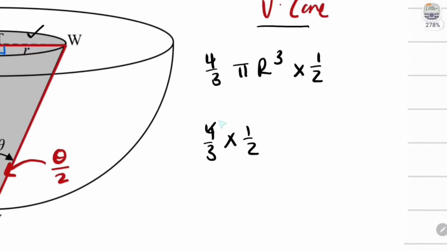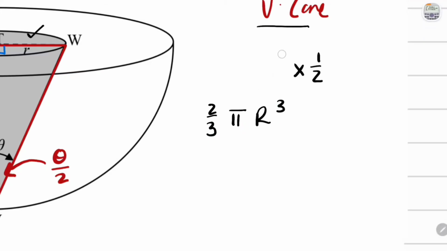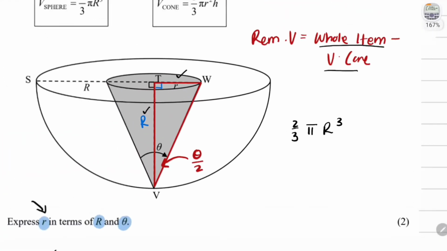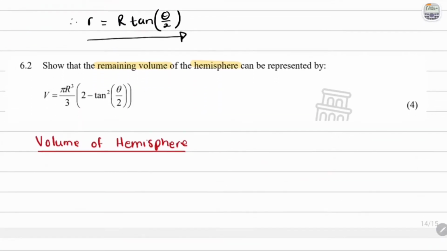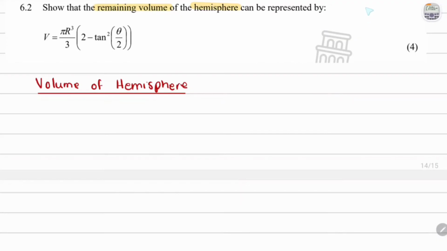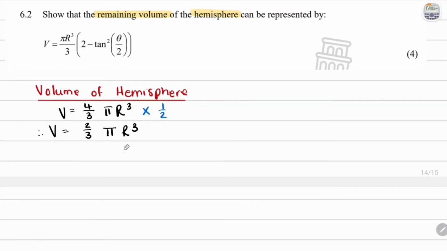So 4 divided by 2 is 2, and 2 divided by 2 is 1. So what you'll be left with there is 2 times 1, which is 2, and 3 times 1, which is 3. So all we have there is just 2/3, and then still the pi and the R cubed. That is the volume of the hemisphere. So we're going to use that. And I'm sure we're supposed to actually put that calculation here, so I'll put it down here. Okay, so that is what we have now.